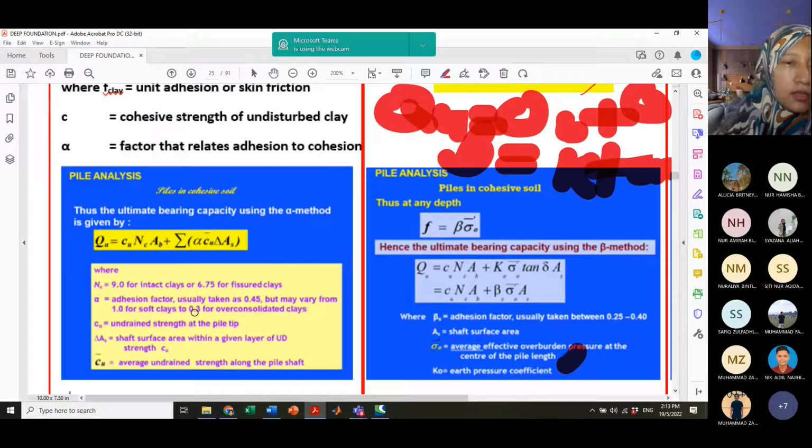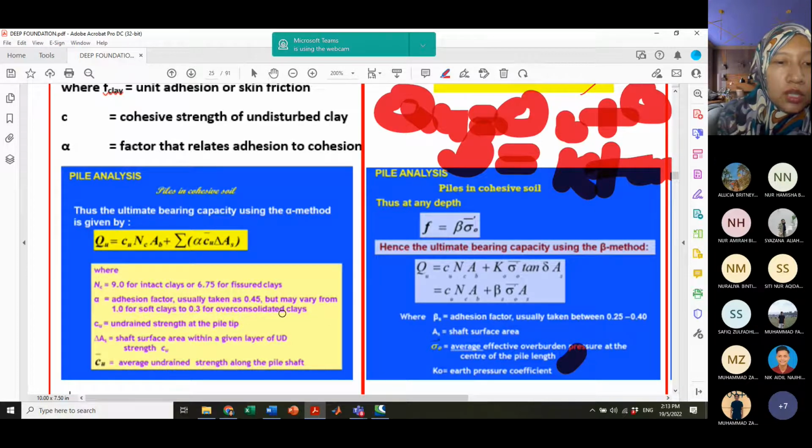It says that the recommended value of Nc is 9 for intact clays and 6.75 for fissured clays. The adhesion factor alpha can be taken around 0.45 to 0.3 according to the soil type.